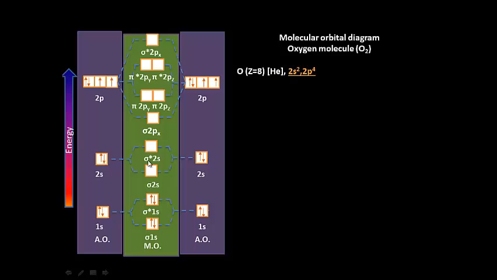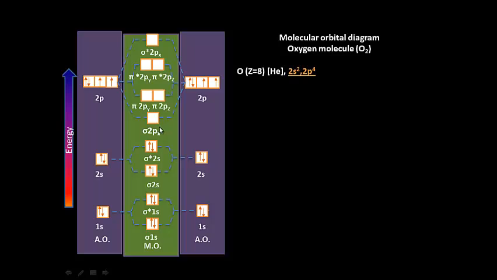In sigma 2s and sigma star 2s, we need to fill the electrons from the 2s orbitals, and there are a total of 4 electrons in the two 2s orbitals of oxygen. So we have sigma 2s with 2 electrons and sigma star 2s with another 2 electrons.